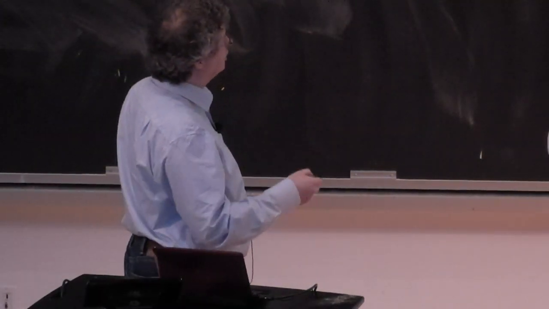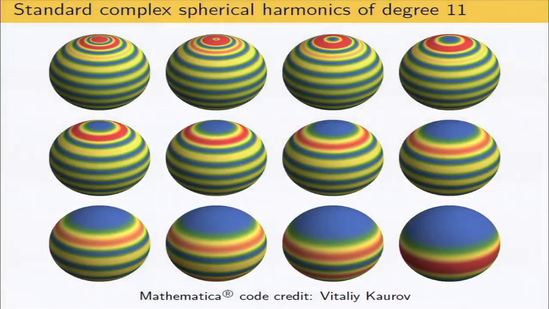And there are also other features you can observe in this picture. Namely, this last one. For every degree there is a last one. These last ones tend to concentrate around the equator, whereas the initial ones tend to concentrate on the North and South Pole. They are all symmetric with respect to the equator, whereas in between there are some other hot belts. And where the hot belt lies depends on where you are in this sequence.